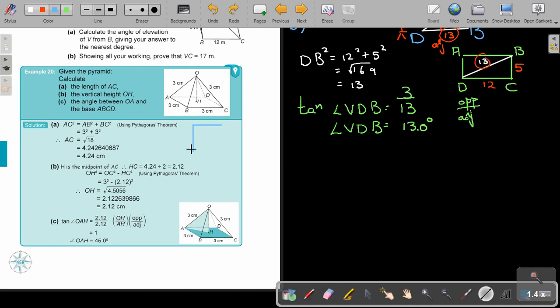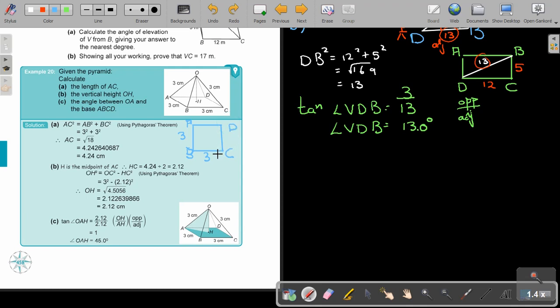It's that square. Just draw it like it looks like a square at least. That's 3, that's 3. So in this case, okay, that's A, that's B, that's C, and that's D.